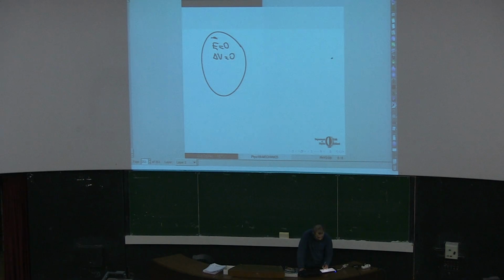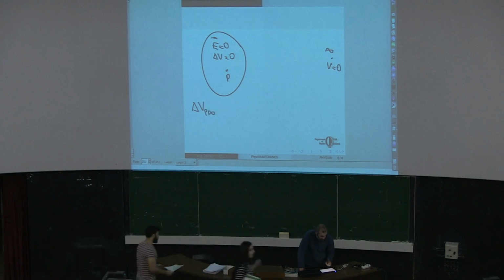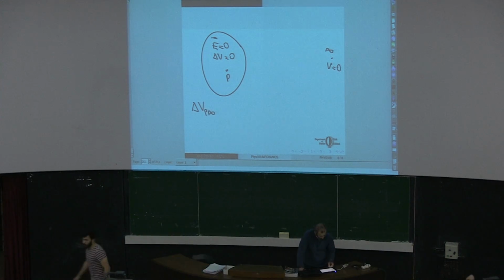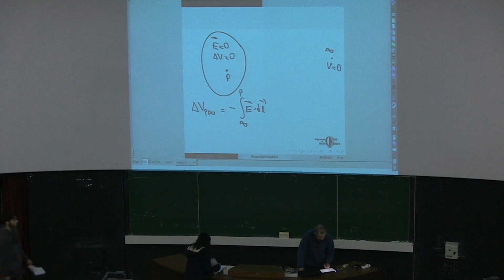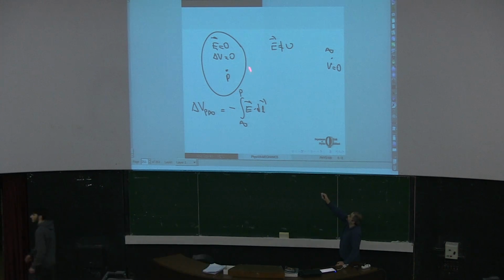But if you take a point at infinity, if you set the potential at that point to be 0, then you can calculate the potential difference, let's say, at this point P. The potential difference between the point P and the point at infinity will be minus the integral of E dot dl from infinity to P. But remember, here the electric field is not 0, since in this region, out of this sphere, the sphere is, let's say, positively charged.